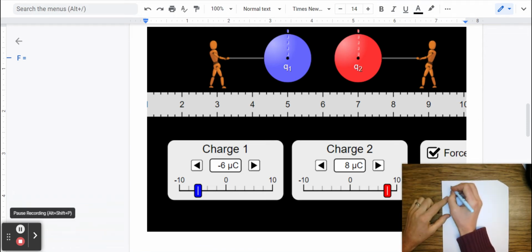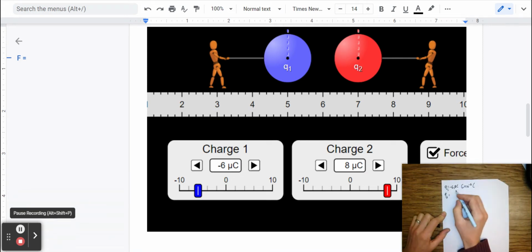Okay, looking, I know my Q1 is negative 6 microcoulombs, which is 6 times 10 to the negative 6 coulombs. And my charge 2 is 8 microcoulombs. That's 8 times 10 to the negative 6 coulombs.